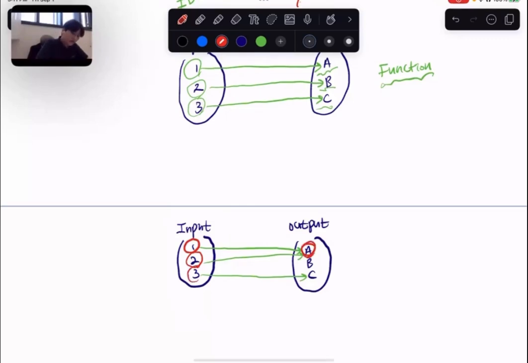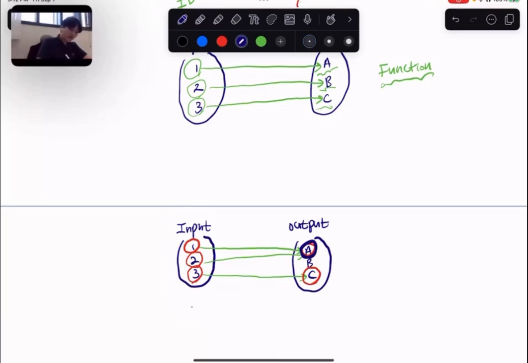And from the perspective of input value 3, I'm having C as my only output value. From the perspective of output value A, I'm having a relation with 2 input values, but that doesn't matter. It's not about the perspective of the output value.